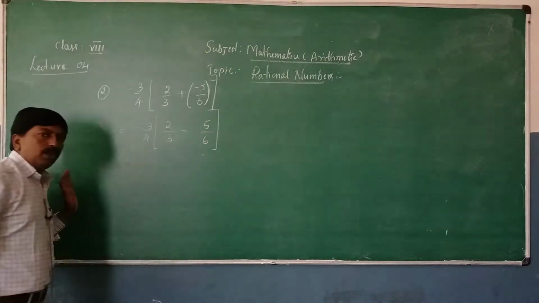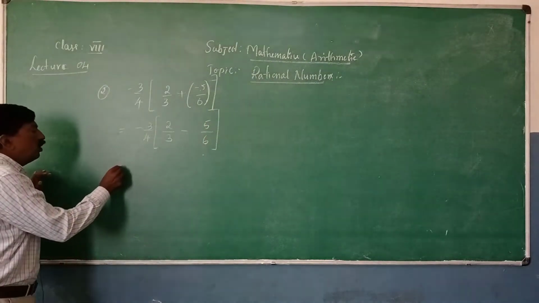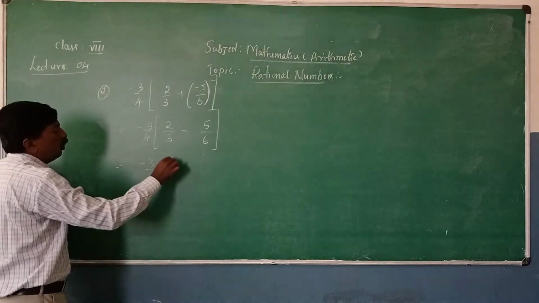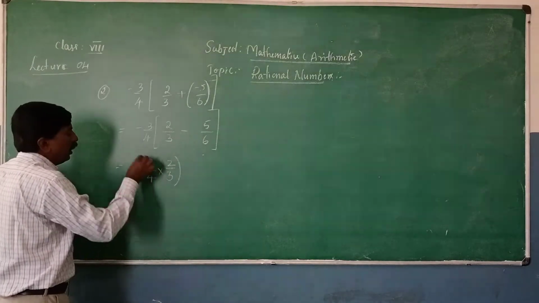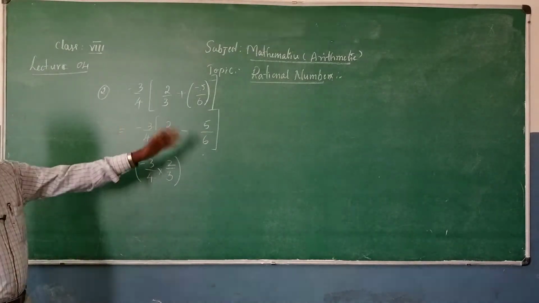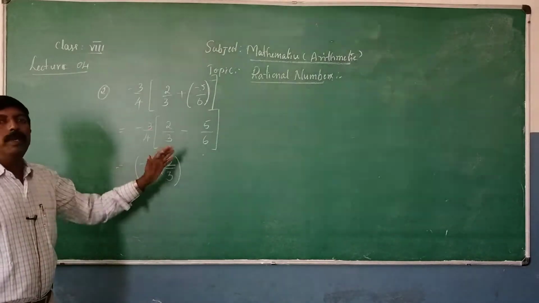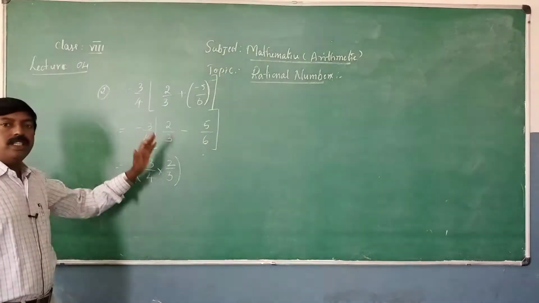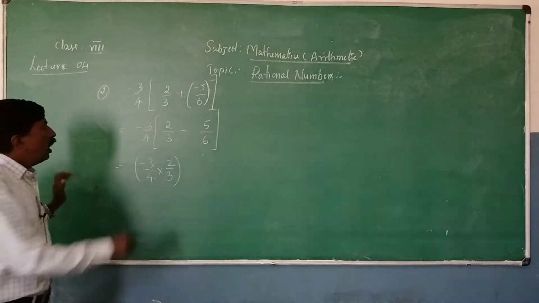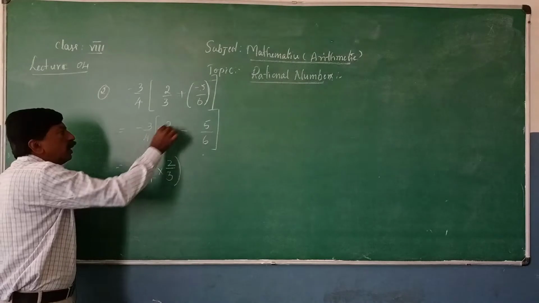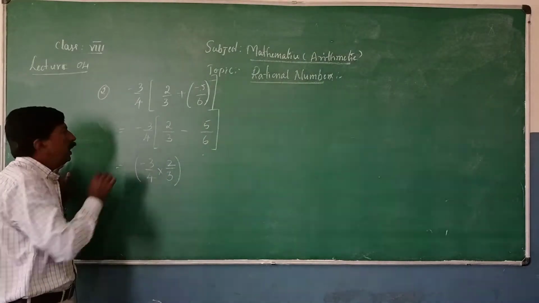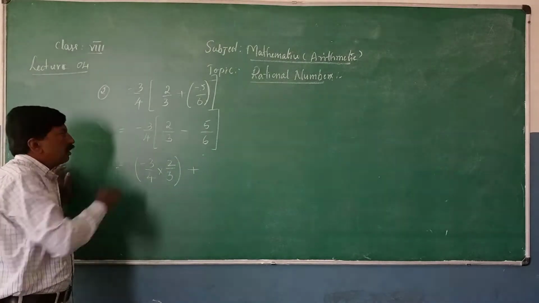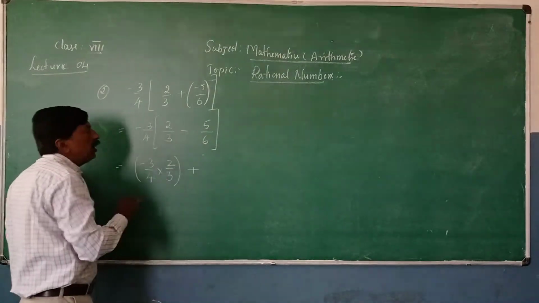Now apply the distributive property, which is equal to minus 3 by 4 into 2 by 3, because we already know a of b plus c is equal to ab plus ac. x of a plus b is equal to xa plus xb. Now, minus 3 by 4 is multiplied with 2 by 3. Minus into minus is plus.